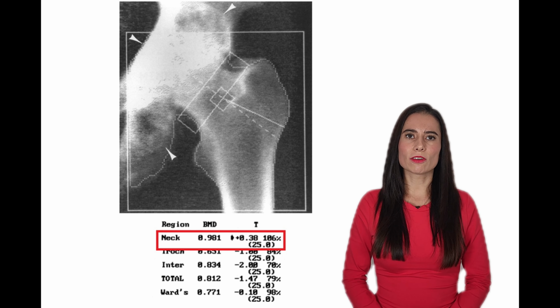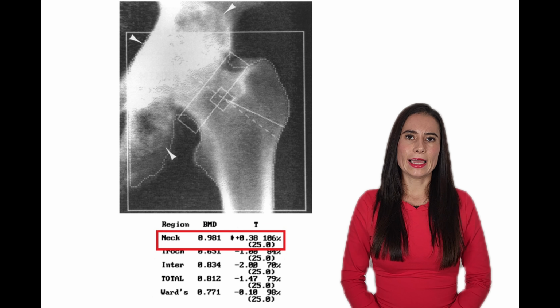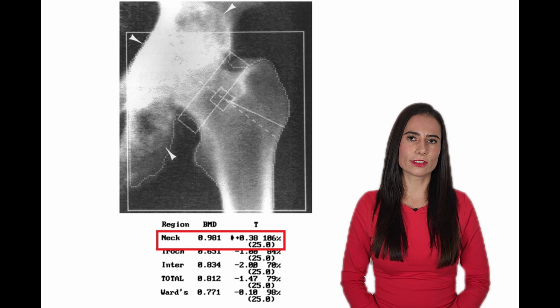This DXA image of the hip shows thickening and disorganization of the bone as well as widening of the acetabulum as a result of this condition. Marked in red, you can see how the T-score of the femoral neck is significantly higher than that of the other areas.